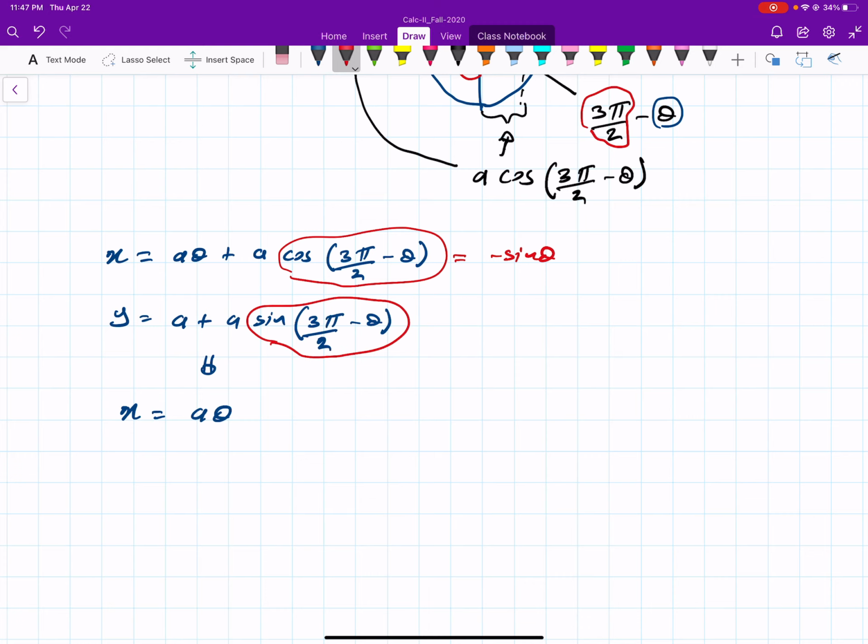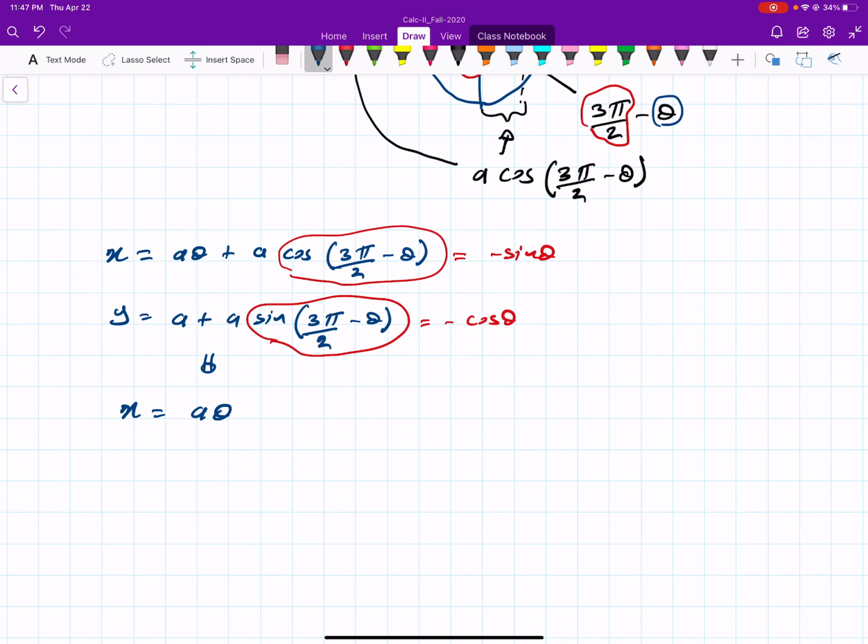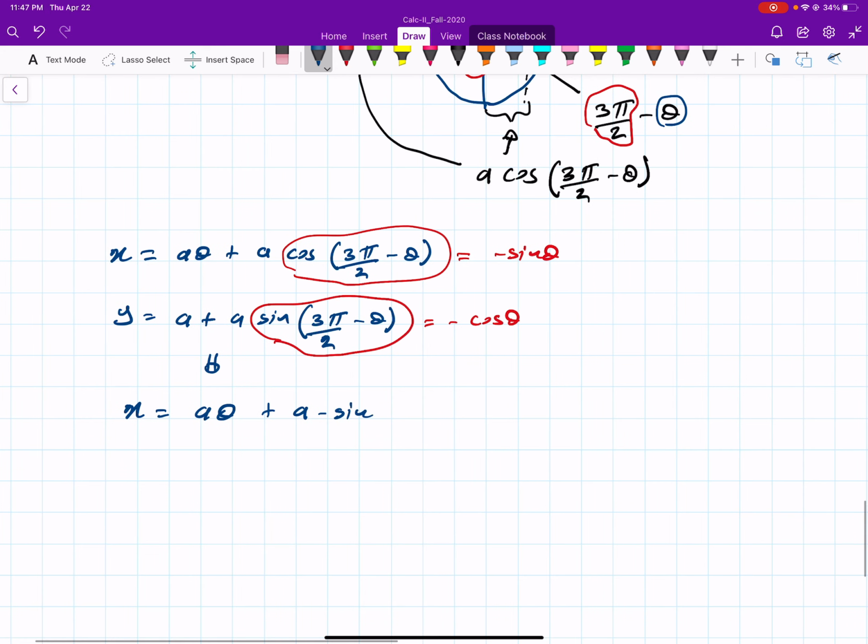This part equals minus cosine theta, that you have learned in calc 1. So let me directly put those values. This is a theta plus a times minus sine theta, y equals a plus a times minus cosine theta.